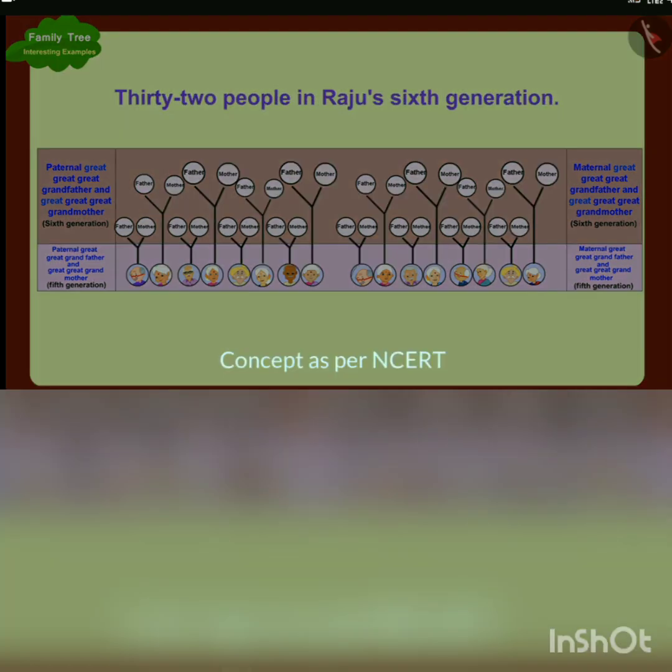To make Raju's 6th generation, we need to add the parents of his maternal great-great-grandfather and great-great-grandmother and parents of his paternal great-great-grandfather and great-great-grandmother to his family tree. In this way, there will be 32 people in Raju's 6th generation.